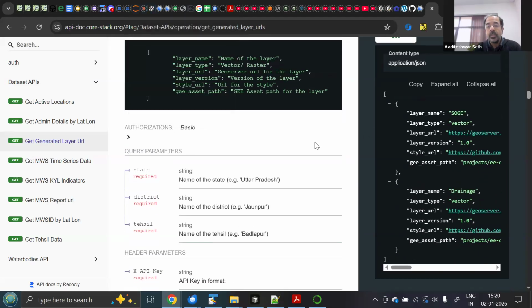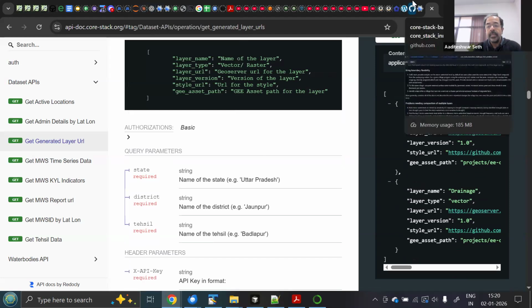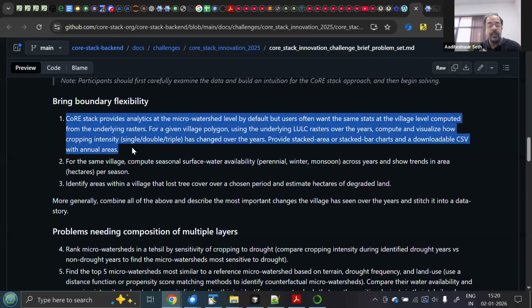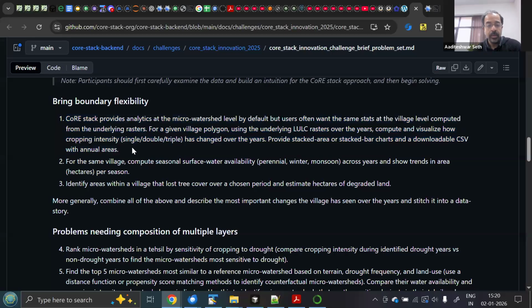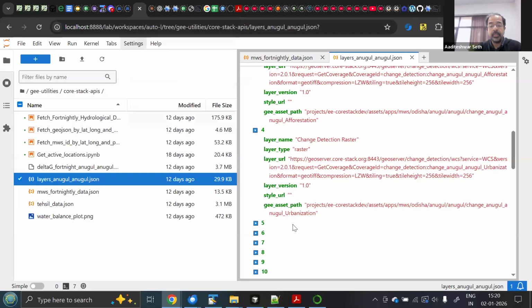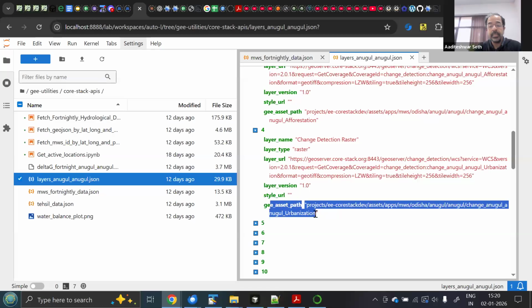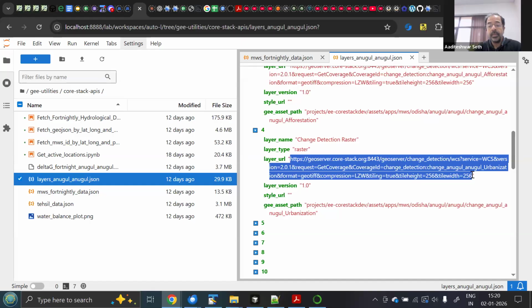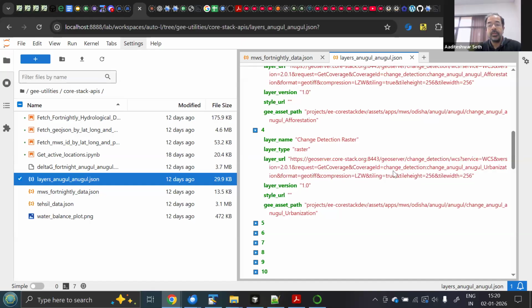Once you have that, you can write your utilities that either download the rasters and vectors locally and do your computation, or you can also, of course, invoke APIs on Google Earth Engine. Both paths are given. The paths to the Google Earth Engine asset which has this data is also given, and the path through which you can download the raster is also given.